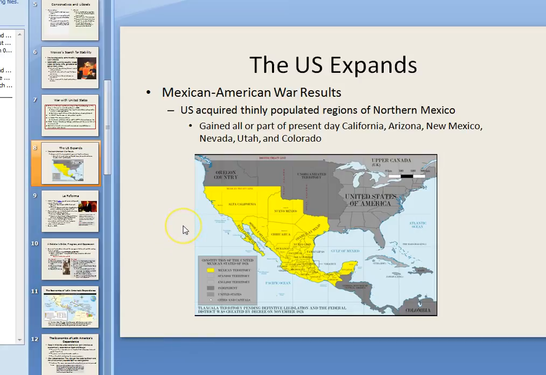For this map, the yellow represents all of Mexico at that time. So it did keep what is present-day Mexico, and then the area above it, New Mexico, Arizona, a large part of California, Utah, etc., was ceded to the United States in the Treaty of Guadalupe Hidalgo.